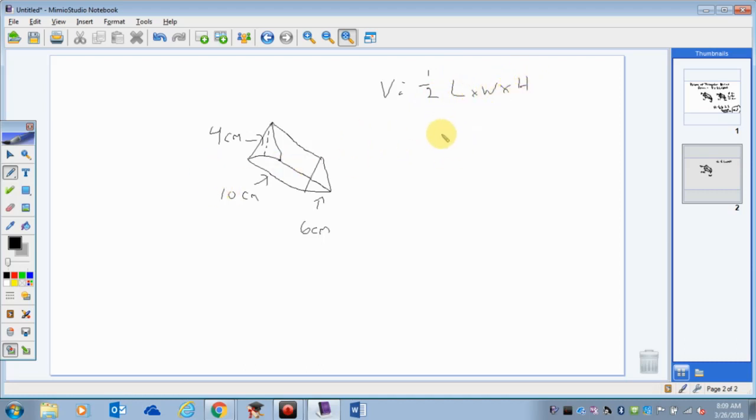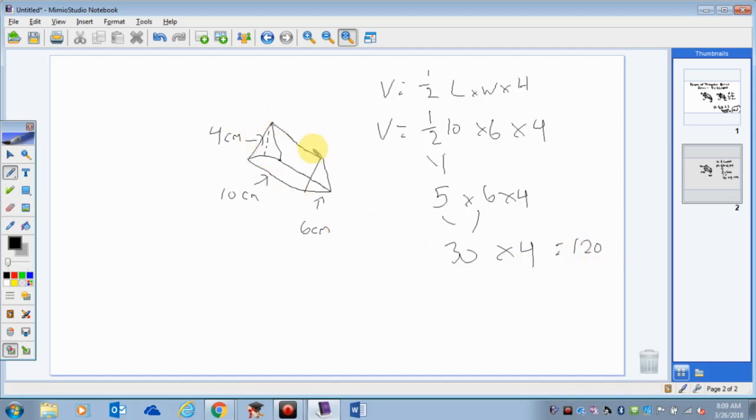So we'll come over here, volume, 1/2 the length is 10, the width is 6, and the height is 4. So half of 10 is 5, times 6 times 4. 5 times 6 is 30, times 4. 30 times 4 is going to be 120.